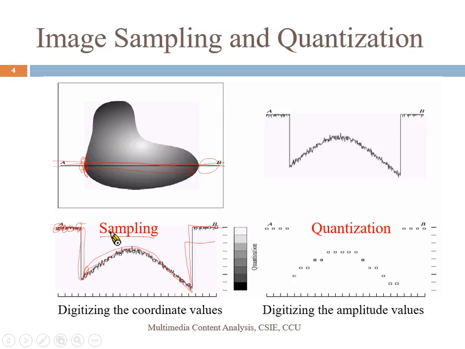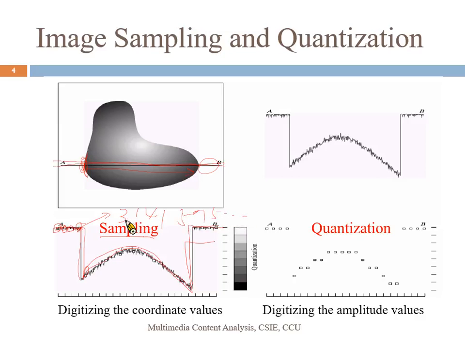And for quantization, that means even if we just have a finite number of sample data, we cannot store these values in infinite precision. For example, this value may be an infinite number, maybe 3.14575, and so on.